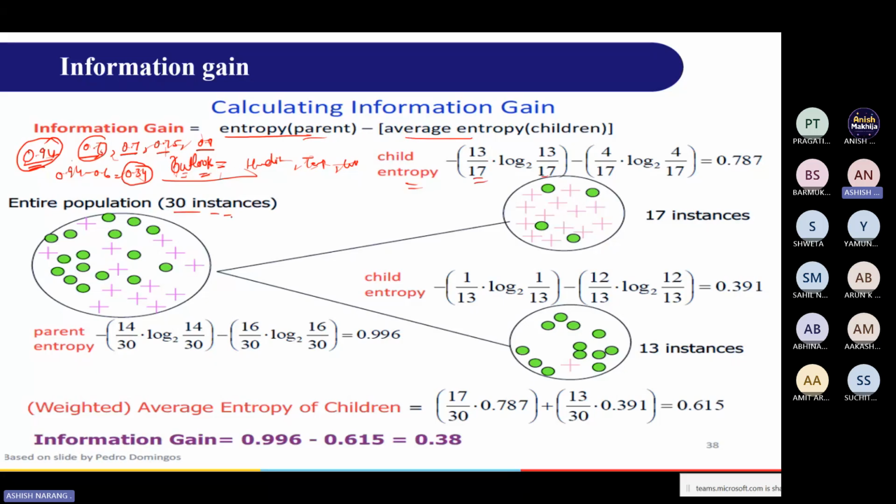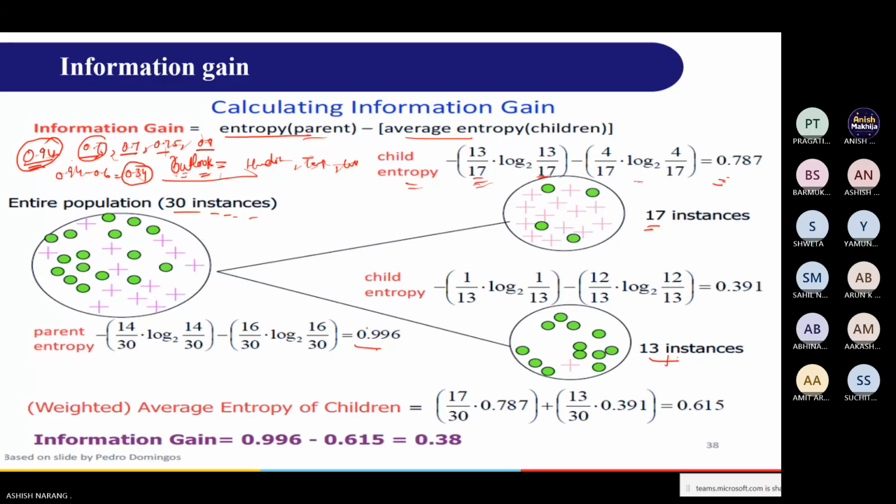Out of those 30, for one attribute we have 17 instances, so accordingly we have calculated the entropy. It is 0.787 here. If I look at another, there are 13 instances, 0.391, and the parent entropy is 0.996.